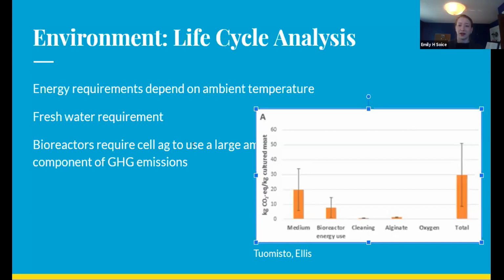So it will require more energy to grow your meat or your bacteria or yeast in Wales, for instance, than it will in Kenya. As well as you have to think about what is available in your environment. So is fresh water difficult to come by in your particular area, or can you use different biomass depending on where you are? So like you can use cyanobacteria, wheat, corn, depending on what ingredients are available for you.